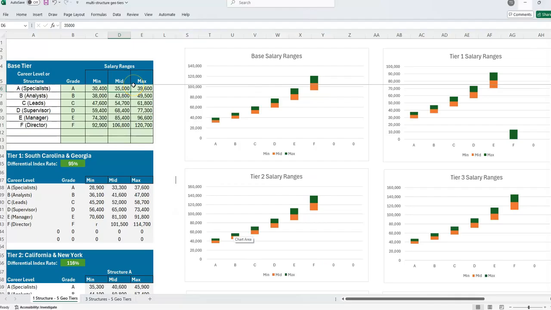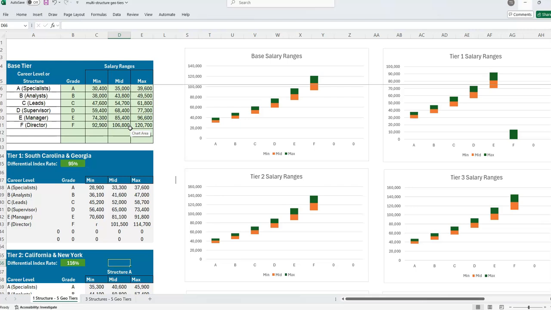And this file we went over in the previous video where we have different tiers for different locations. And so different salary ranges applied based on the location. So there's actually several videos that went into the analysis of how to determine what percentage of the base tier that we used for this example.